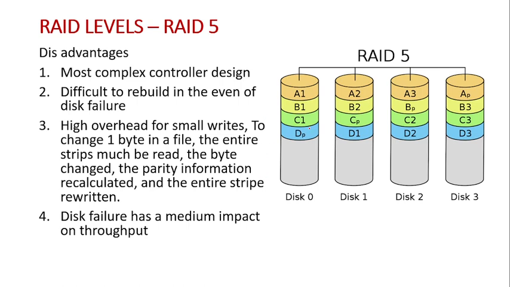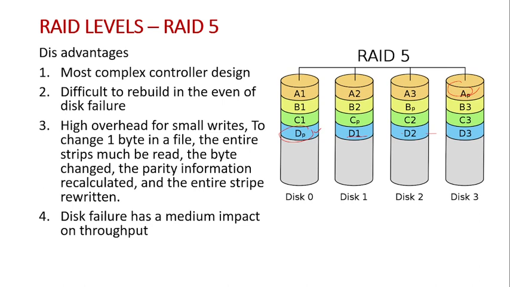In every disk there is a part of the parity. That means D1, D2, D3 will be stored as a parity in disk 0. A1, A2, A3 is stored in disk 3 as a parity. So this is about RAID 5.